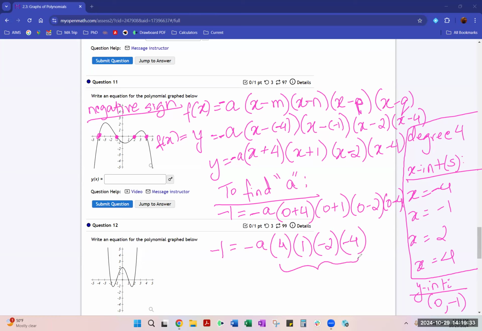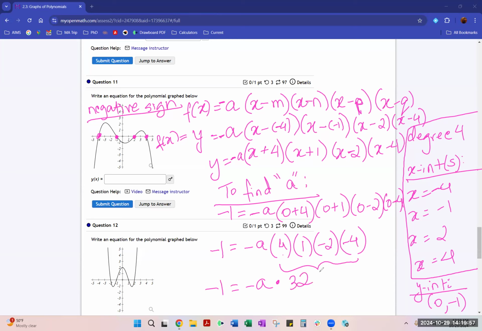So go ahead and multiply those numbers on the right-hand side. We will end up getting 4 times 1 is 4. 4 times -2 is -8. -8 times -4: 2 negatives will become positive, so 8 times 4 will end up becoming 32.